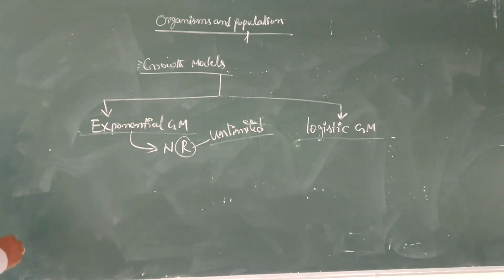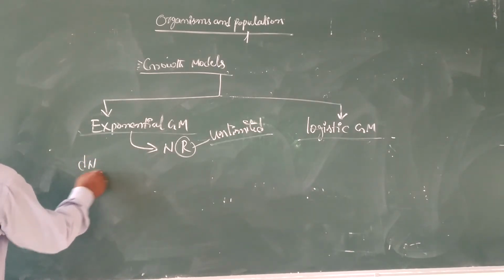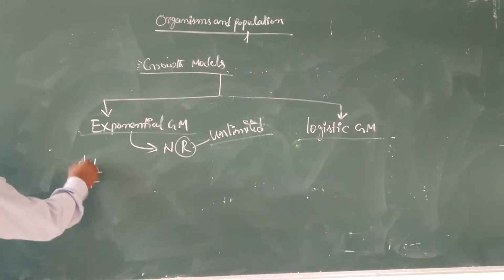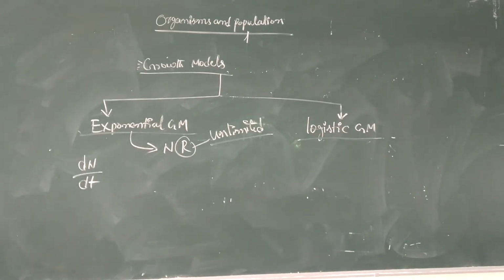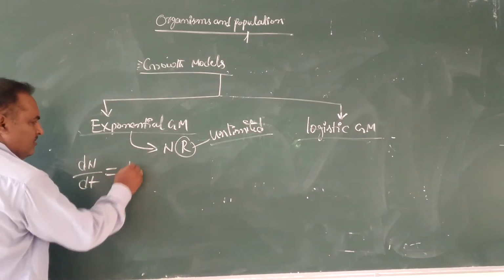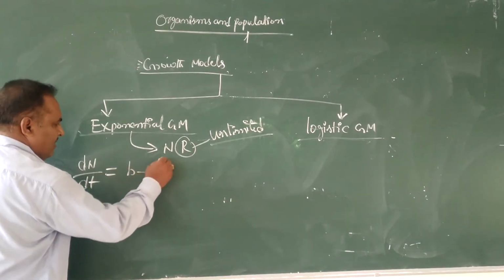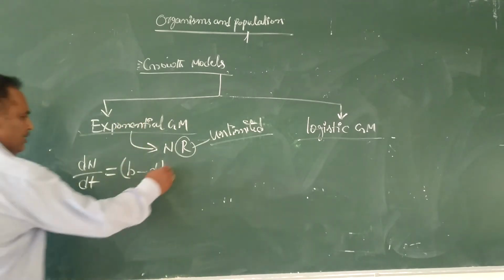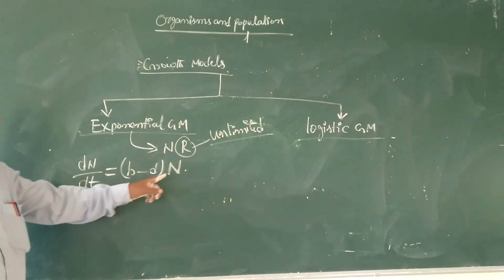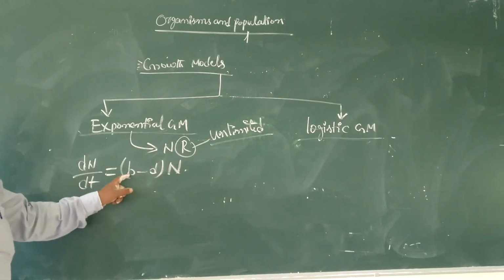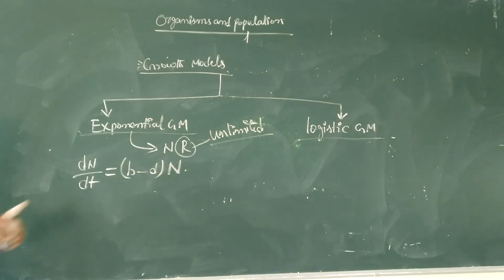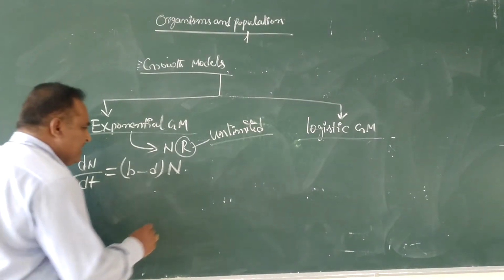In the exponential growth model, the equation is dN/dt = (b - d) N. The population density depends on birth rate and death rate, which always depend on intrinsic factors.